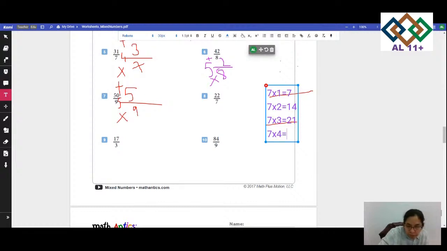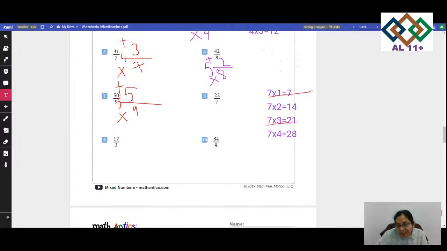I think 7 times 4 would be more. 7 multiplied by 4 is 28. That's more. So the closest you could get in 7's table is 21.